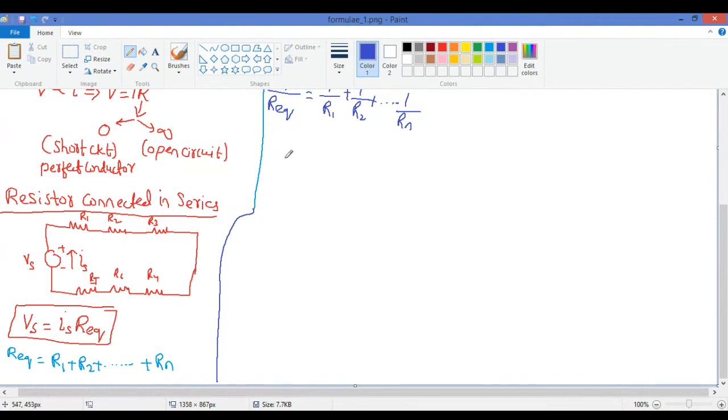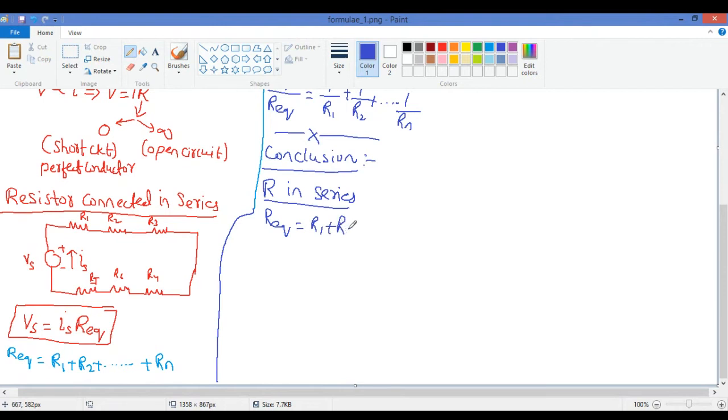Now let us see the conclusions. I'll write here the conclusions. Resistors in series: I'm writing for two resistors, R1 and R2. R equivalent is equal to R1 plus R2.